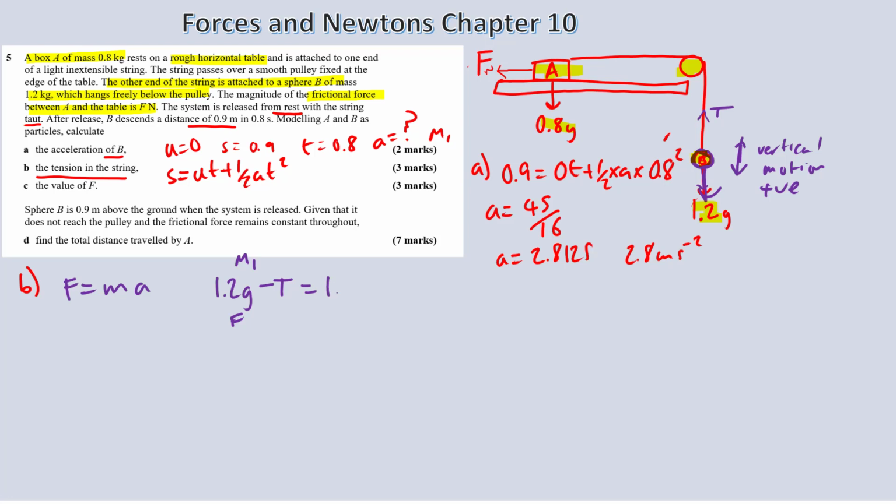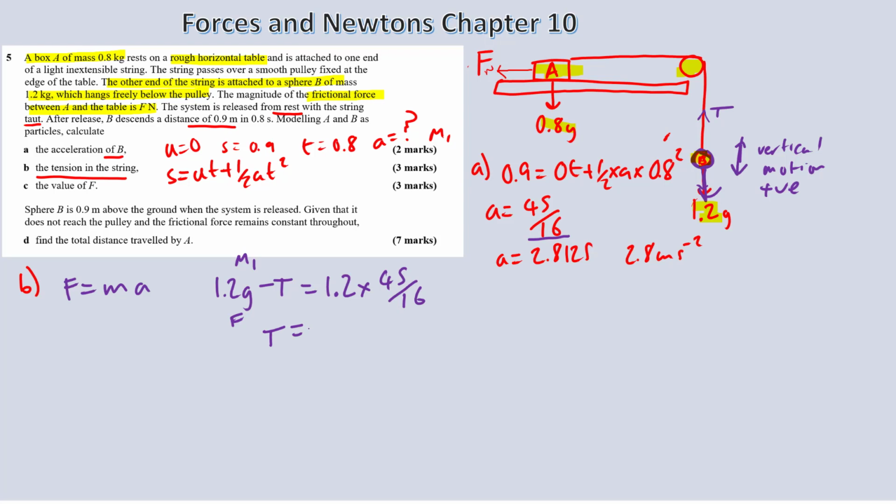Mass is 1.2 kilograms. What's the acceleration? We worked it out in the prior question. Probably better to use just the fraction, so equals 1.2 times 45 over 16. And now you can solve that by working it out.